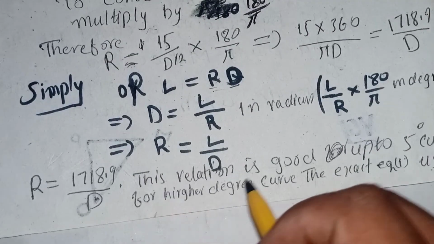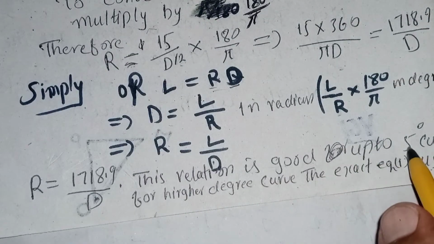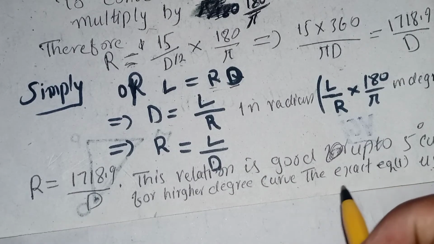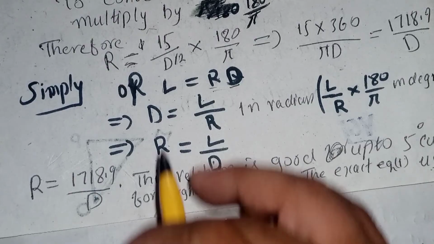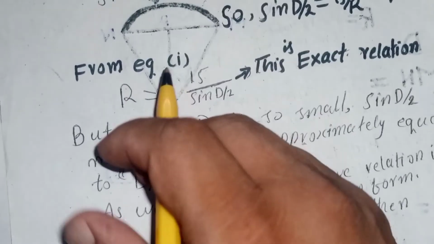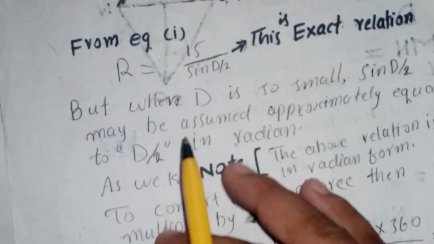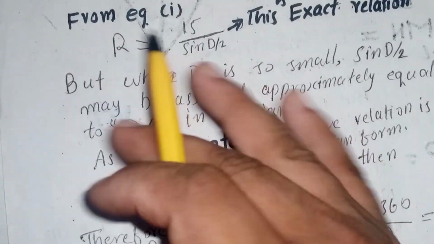This relation is good up to 5 degree curve. For a higher degree curve, the exact relation, which is equation 1, is used. As I told you, R is equal to 15 divided by sine D by 2.